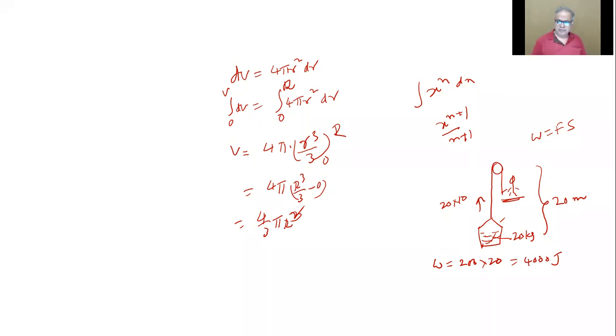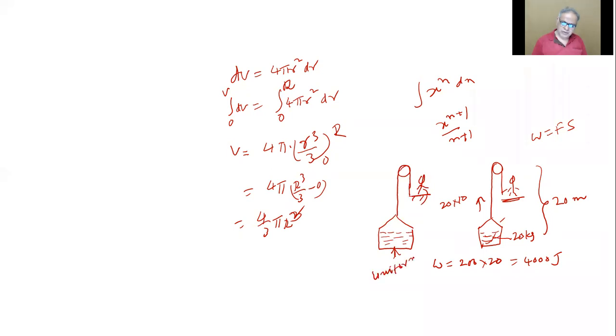This is looking a straightforward thing. But let me tell you, instead of having a bucket like this, I have a leaky bucket. Water keeps going down. This also is a very common sight in the villages. So now you're pulling it up and the water is leaking, say at a uniform rate.